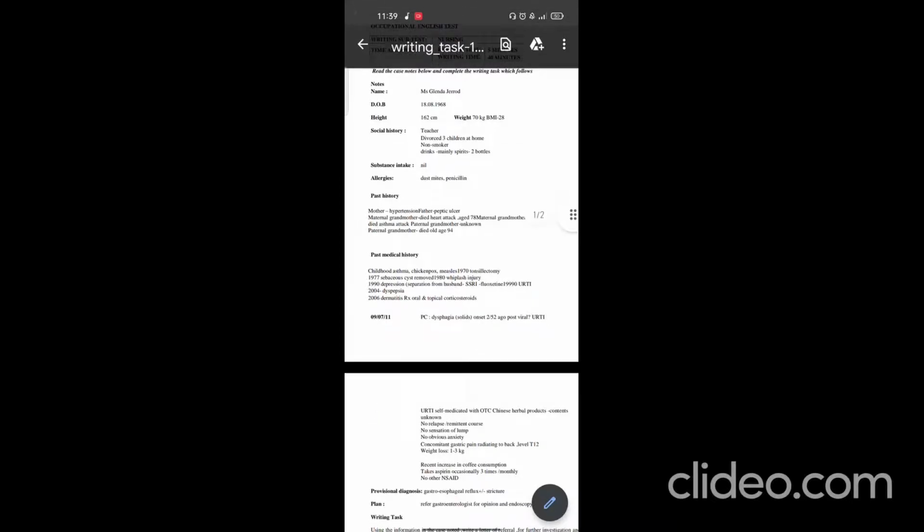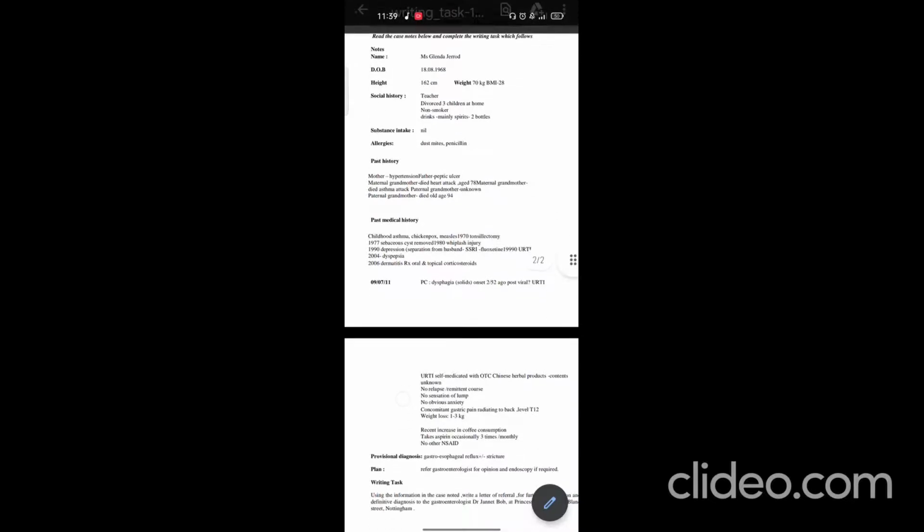And you can see in the past history there is a family history of peptic ulcer, the father. Then in the past medical history, only the relevant data we have to take. The relevant data here is dyspepsia, only one time, and it has finished already. Even the depression treatment is finished, so there is nothing to write, but you can just write dyspepsia. And even dermatitis is already finished, because today's date is 2011.